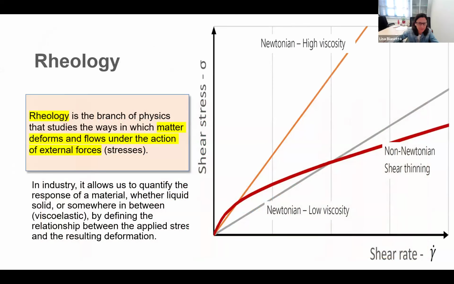Yes. Okay. Start. What is rheology? Formally, it's a science of how matter deforms and flow under stress. But in our daily work at the plant or in the laboratory, it's much more than a simple definition, because it is really a tool that allows us to quantify how a material responds to an external force, be it a liquid, a solid, or better, a viscoelastic material.